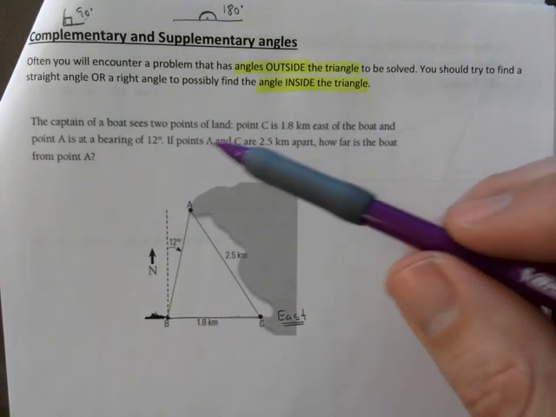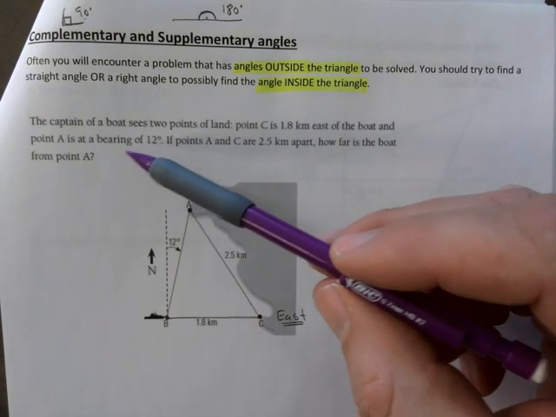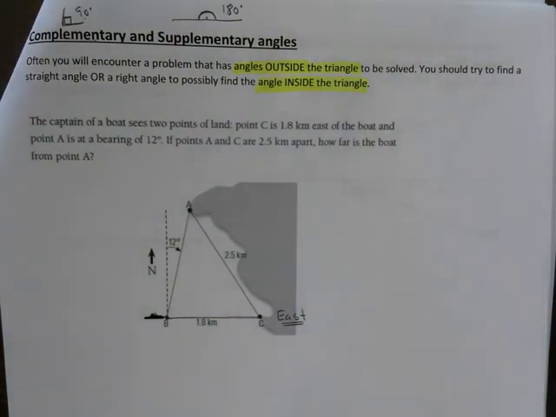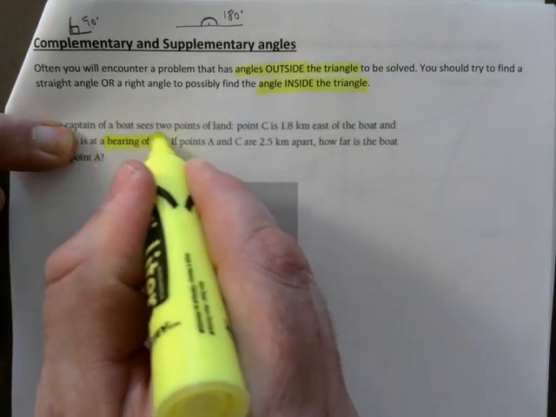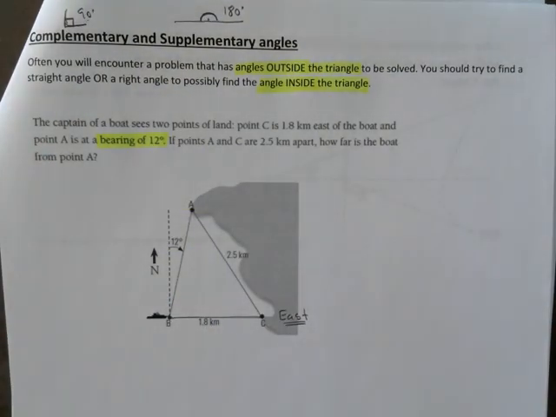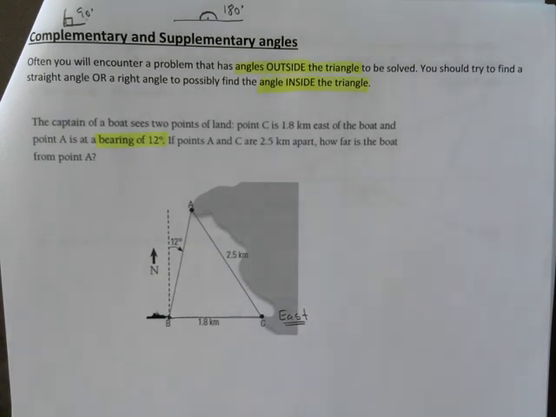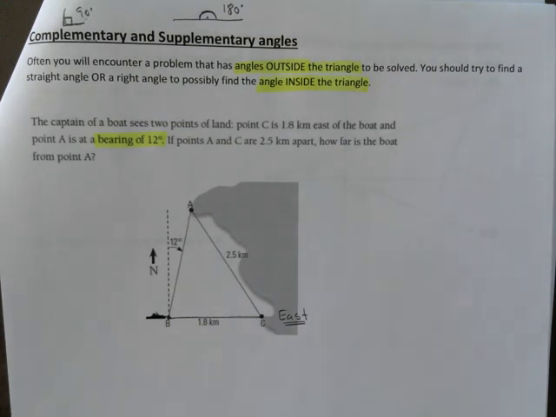And the other one is point A is at a bearing of... can you highlight that? It's not used commonly. We don't use bearings unless you're a captain of a boat or you navigate the ocean. You usually don't use bearings a whole lot. If you travel through the forest, then you should probably know about bearings, right?